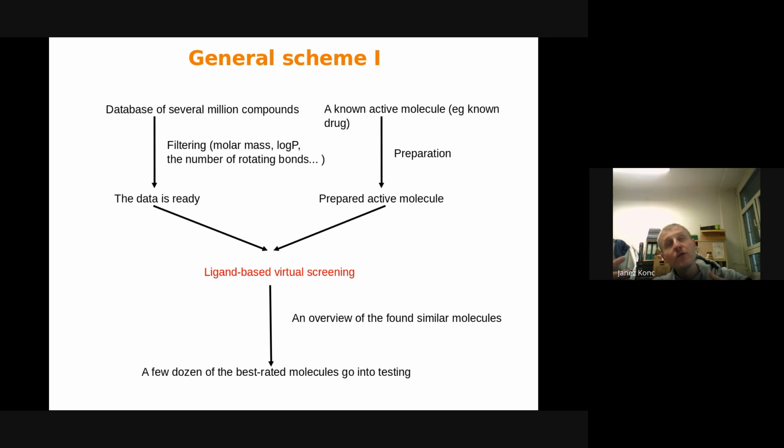So we have, for example, a known active molecule, a known drug, and we have a database of millions of small molecules, and we try to find, using this ligand-based virtual screening, molecules within this database that are similar to the active compound. This is called ligand-based virtual screening.